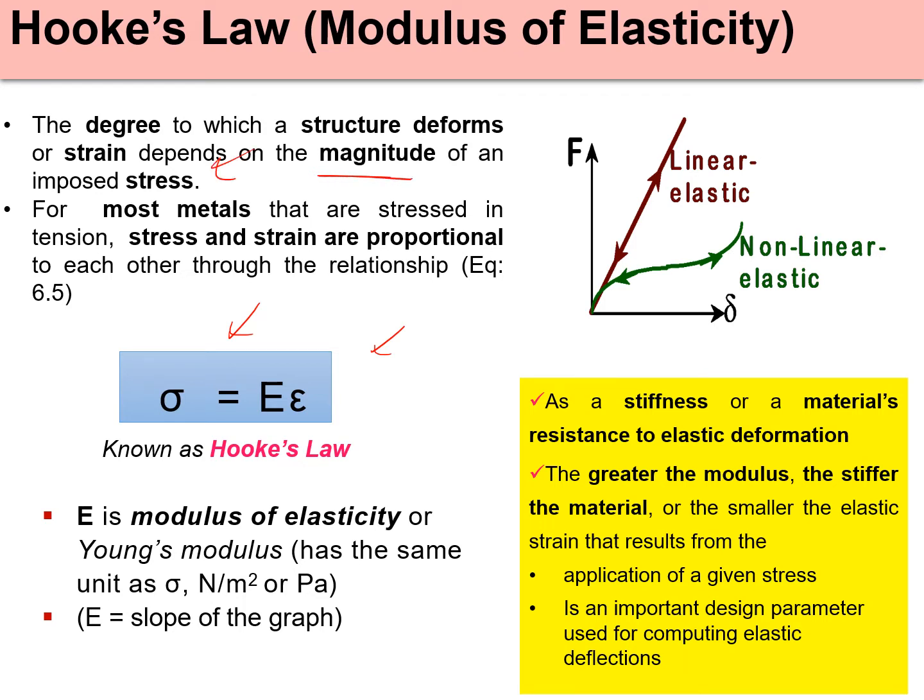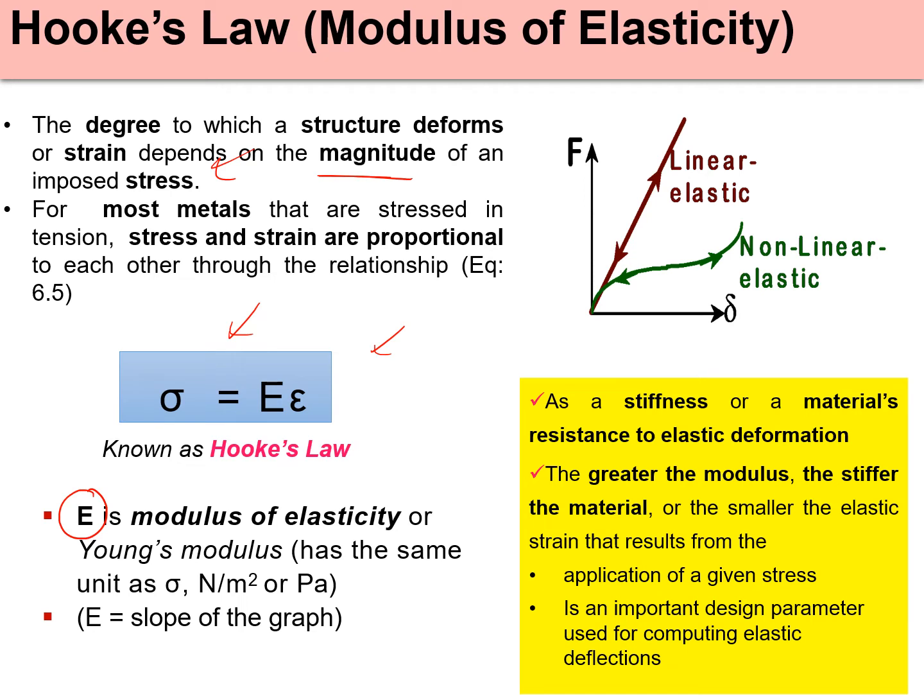For most metals in tension, stress and strain are proportional to each other through this relationship. But remember that if the strain is larger, it is not reliable anymore.